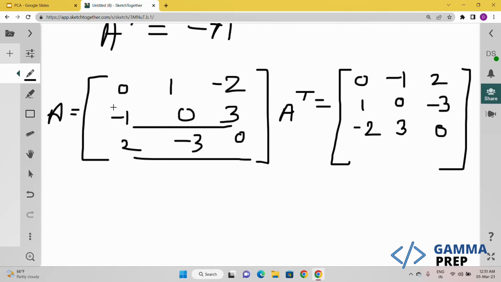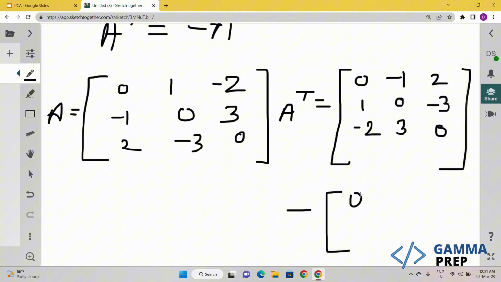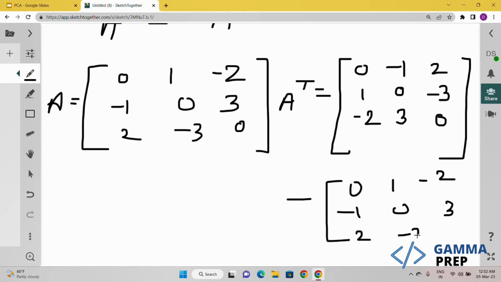So if you see, is A equal to A transpose? No. But if you take a minus sign out of it, it becomes 0, 1, minus 2, minus 1, 0, 3, and then 2, minus 3, 0.